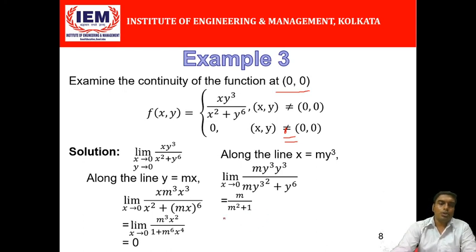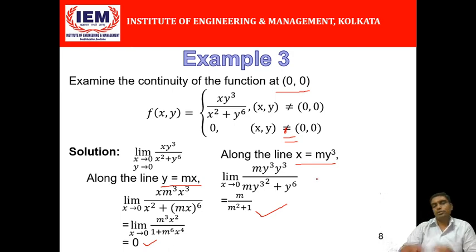So I see that when we approach the 0, 0 by the straight line y equal to mx, the limit is equal to 0, but if I approach the 0, 0 by using this curve, then this value is not 0, it depends on the value of m. So the limit is not unique.